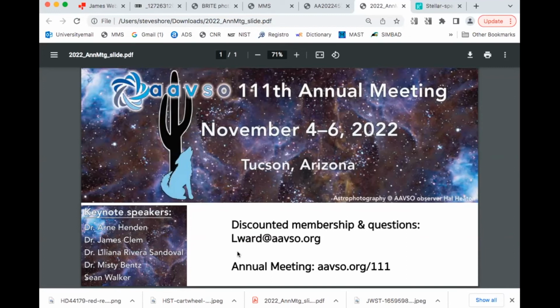But certainly by next year, all of this will have passed the alpha and beta test stages, and it'll be available in general. But if you go to the AAVSO website and you look for information about the spectroscopic working group, you'll find all of the information about the current development of the database.